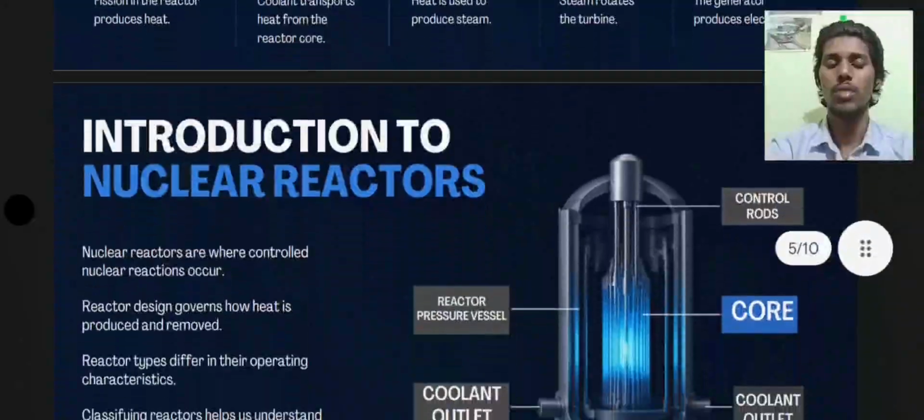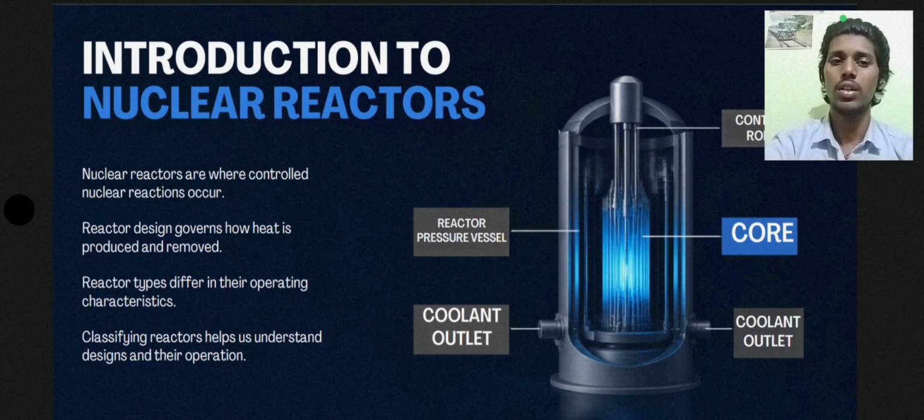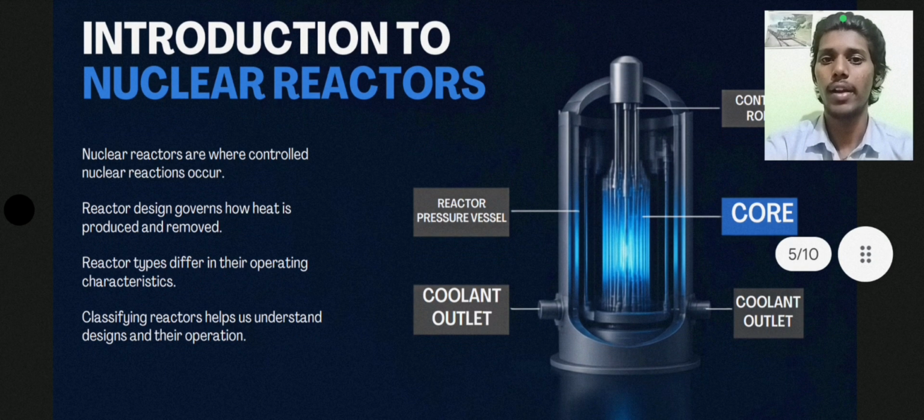Now we come to our main topic, which is the nuclear reactor. There are different types of reactors, and their working is also different. That's why they are classified into different types. Different types of reactors work differently, so their designs are very different. Nuclear reactors are where a controlled nuclear reaction occurs, as we saw in the previous slides.